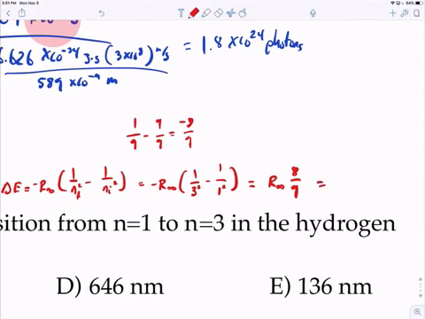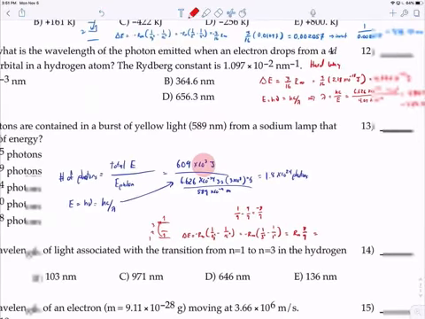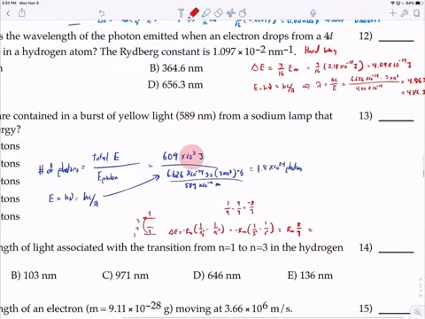So equals, what is the Rydberg constant? 0.01097 times 8/9. 0.01097 times 8 divided by 9.